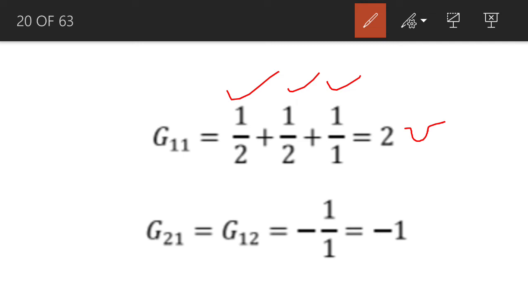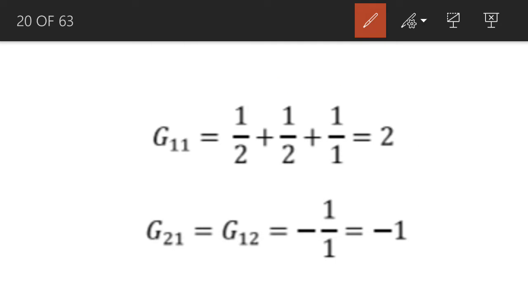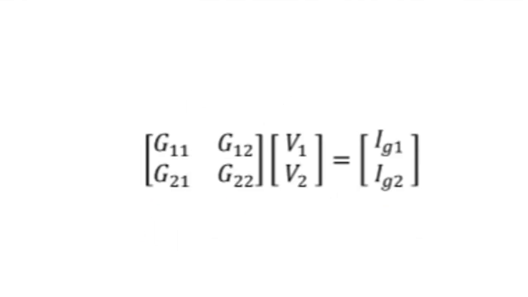Now we compute G12 and G21, and we know that G12 is always equal to G21. There will always be a minus sign with this conductance because these are the off diagonal elements of the G matrix. So for the calculation of G12, we consider the resistor that has been connected to node 1 as well as node 2.